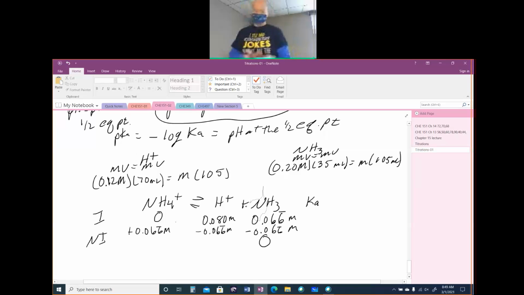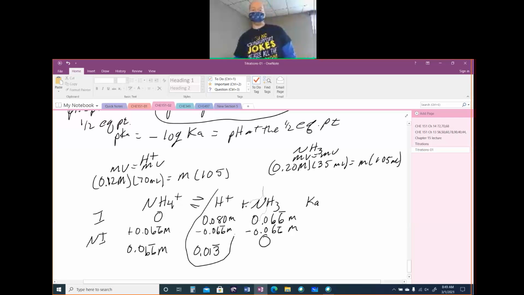We subtract 0.066 repeating molar, and we get 0.013 repeating. Here we have our 0.066 molar. When you have a reactant and a product that are not 0, first things first, this is not a buffer because your H plus is not 0.